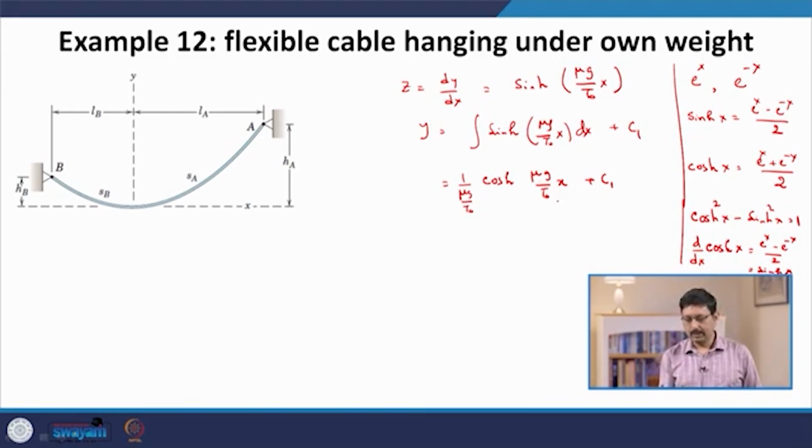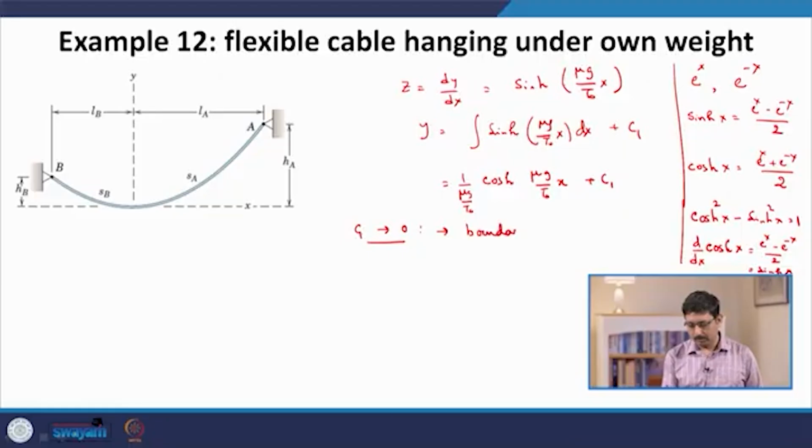Now, again at x equal to 0, if we assume that y is 0, then we can show that C1 is going to be 0. So, this is 0 from our boundary condition. Now, what is the value of C1?